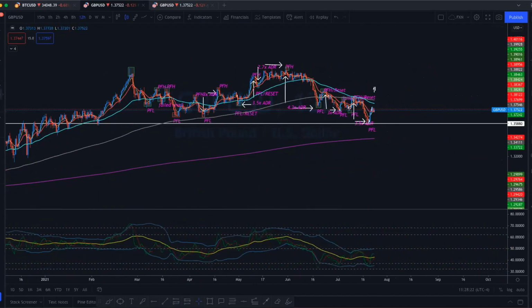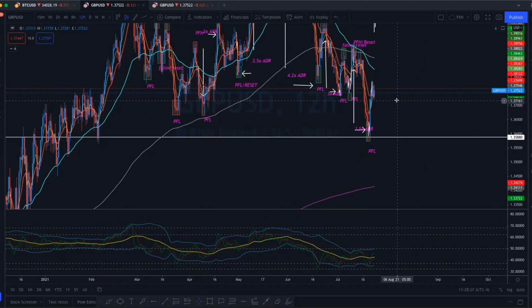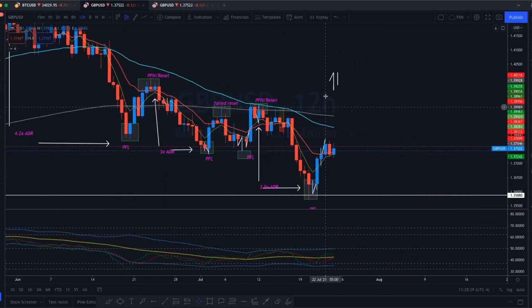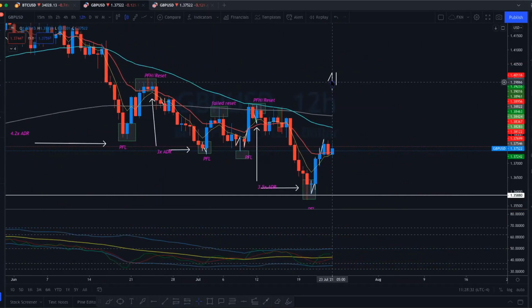So if you can project all this stuff out into the future, you'll know at least where you should be at, or where price should want to go to.